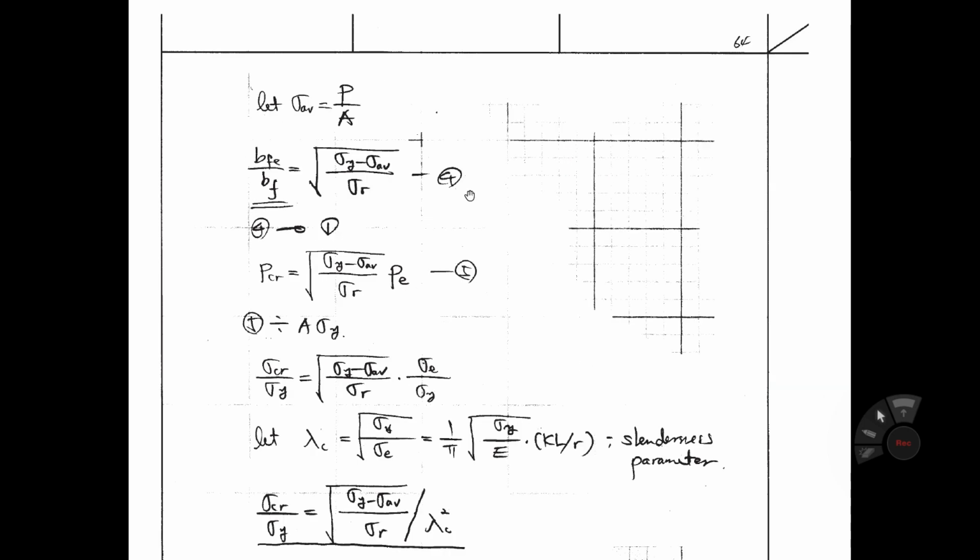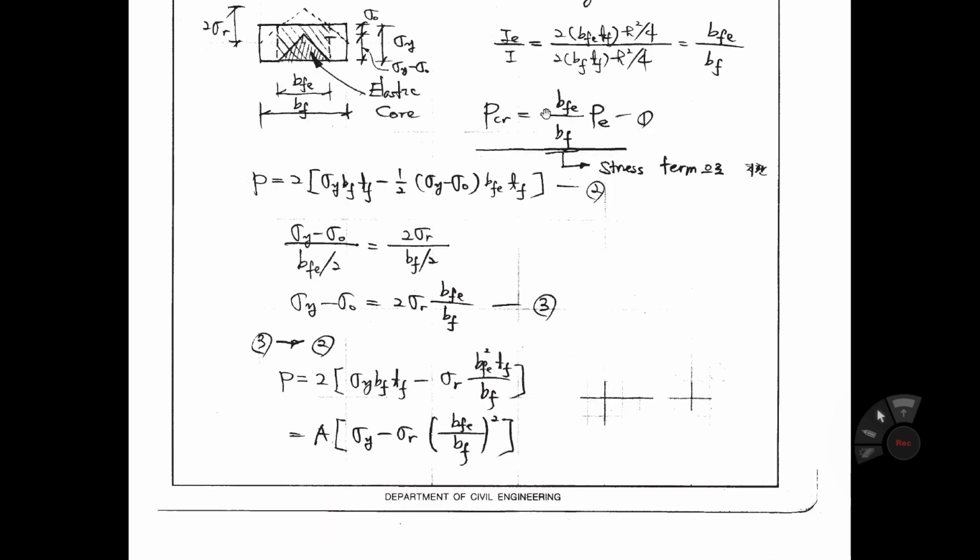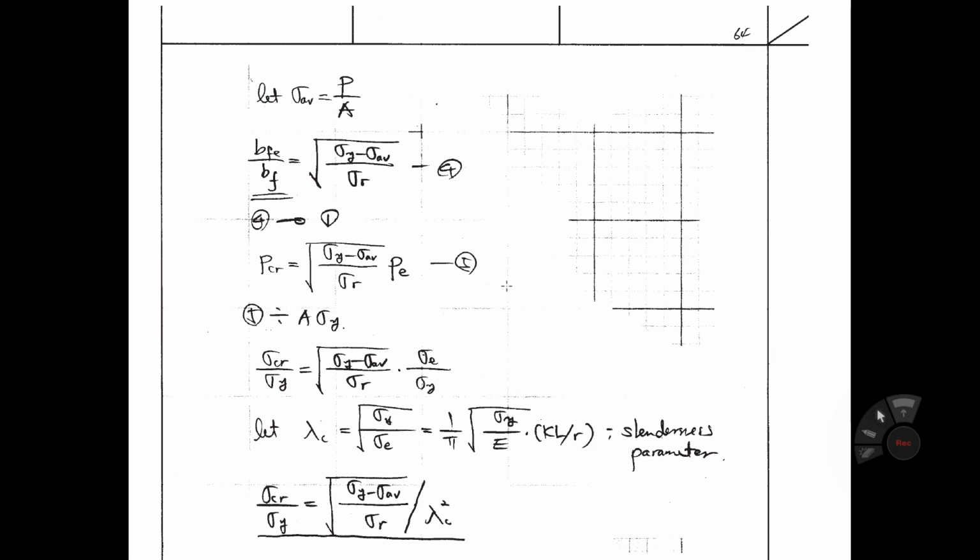That is equation 4. If we input equation 4 into equation 1, equation 1 is this one, BFE, BF. So you get the equation of this term. So if we input that one, then you can write PCR equals sigma y, sigma AV, sigma r, PE. Now, divide by A, sigma y on both sides.